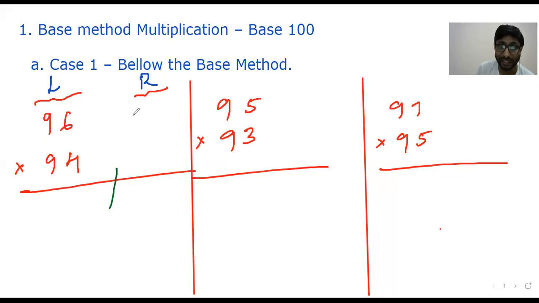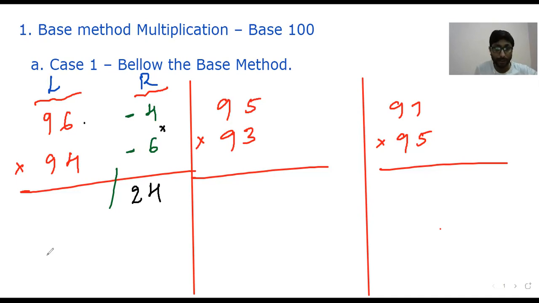For 96 and 100: 100 minus 4 is 96, and 100 minus 6 is 94. So simple. Step 1: 4 into 6 is 24.